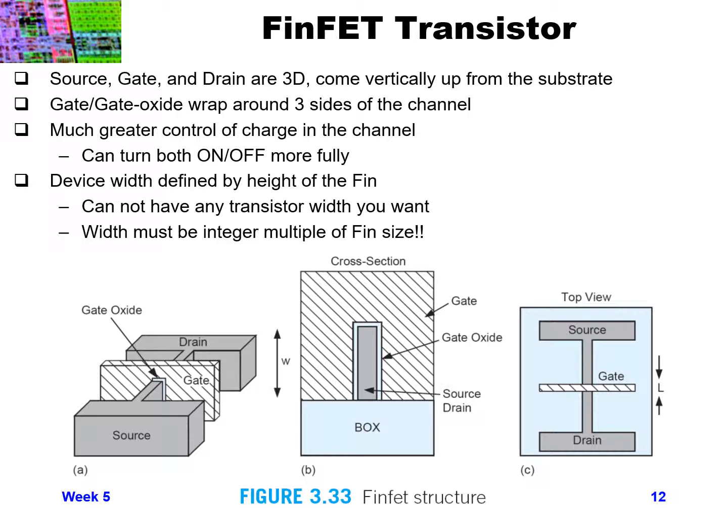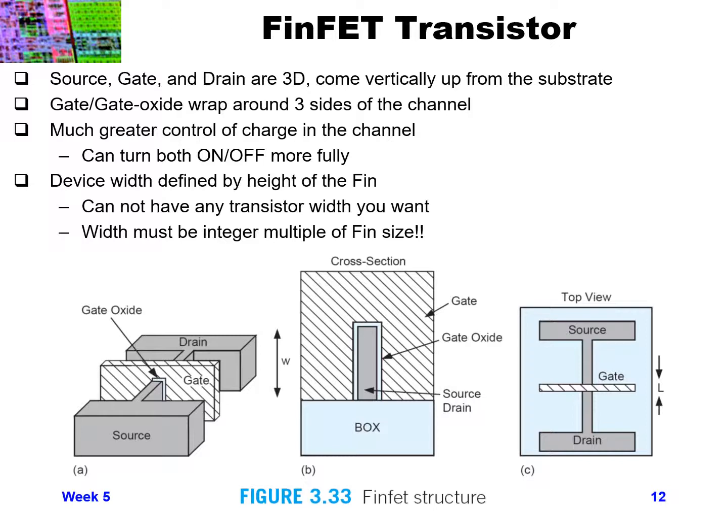So this gives us much greater control over the charge in the channel because we now are pushing charge across both sides of a very, very narrow channel there. And so we can turn the FinFET both on and off more fully. So we can get greater on current and we can get smaller off current.